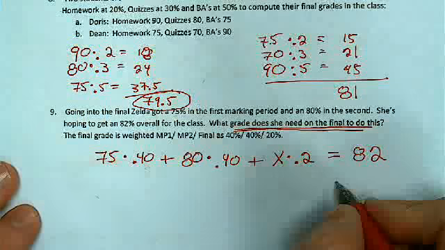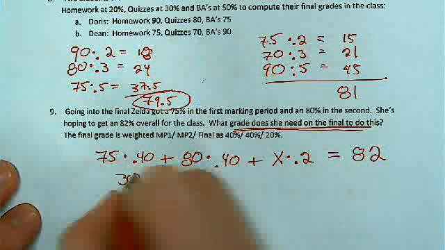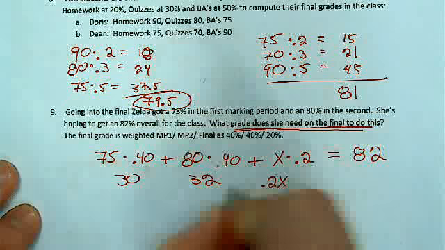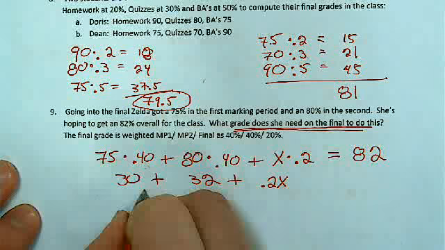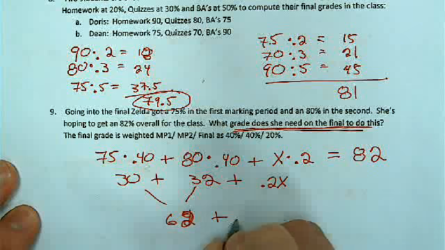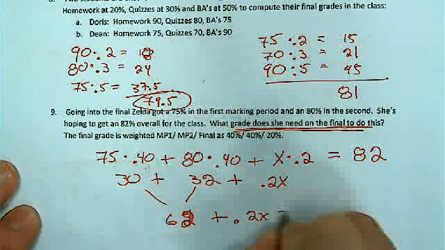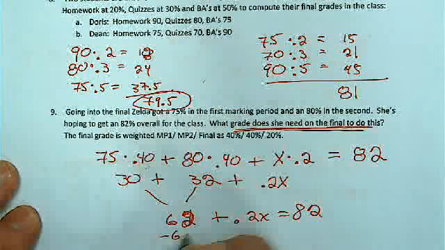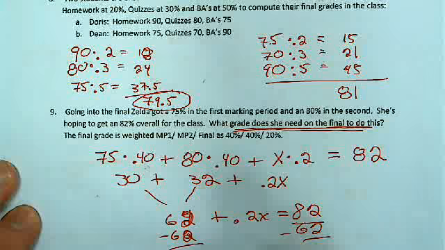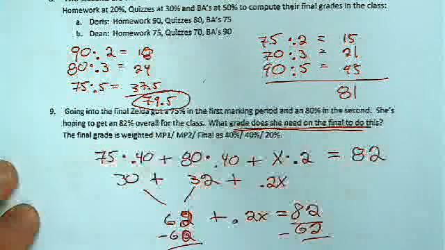Go ahead and I crank out my numbers. This is a 30. This is a 32. This is going to be 0.2x. Combine my like terms. Gives me 62 plus 0.2x equals 82. Subtract the 62. 0.2x is equal to 20.